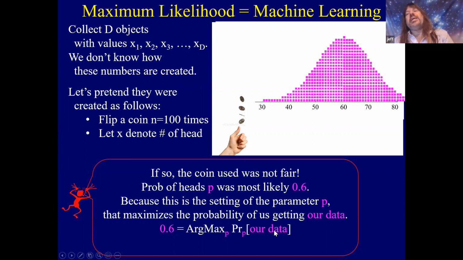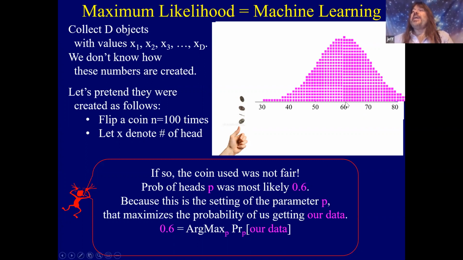For each p, we can ask, what's the probability that we get our data? If we chose our data according to this distribution with probability p, what's the probability that we got our data? And which p do we want? We want to choose the p that maximizes the probability that we got our data, right?